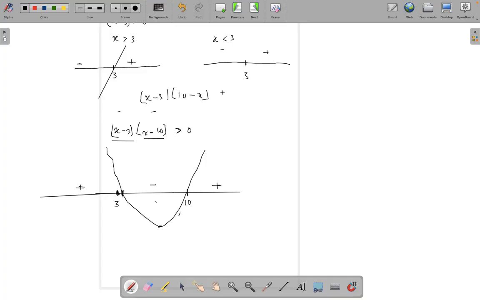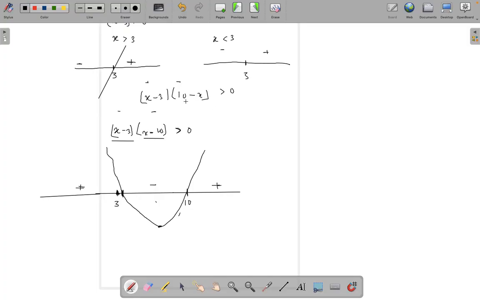If it is greater than 0, then in this case, if x is greater than 10, this will be negative and this will be positive. So this becomes negative. Say x is 20, so 10 minus 20 is minus 10. So this will become negative.